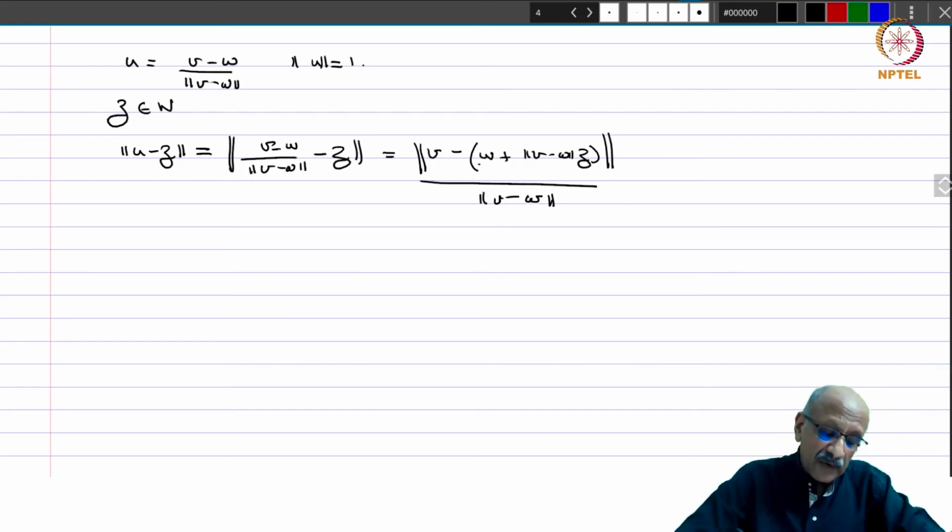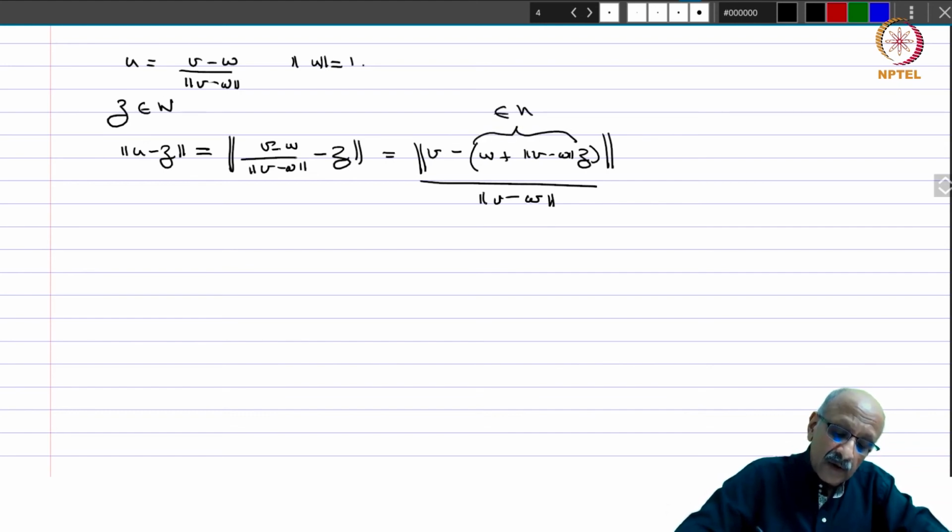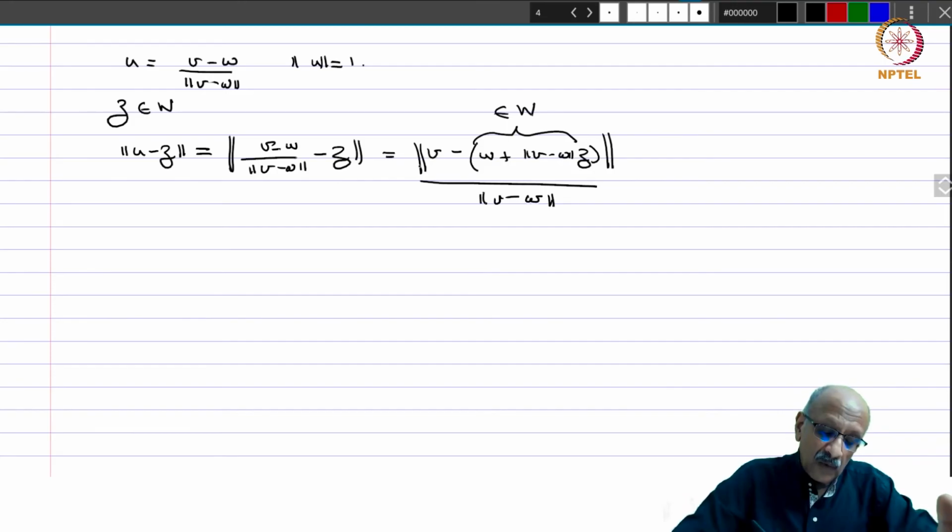Now w is in W, z is also in W, W is a linear space, so the whole thing belongs to W. So norm of v minus any element in W is at least greater than or equal to delta, we know that, and norm of v minus w we just saw is less than delta by 1 minus epsilon.